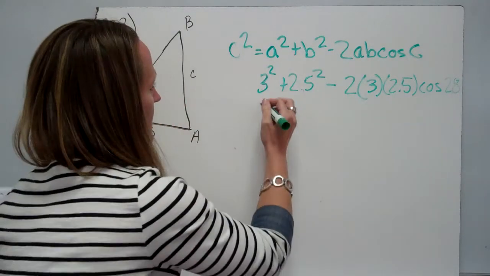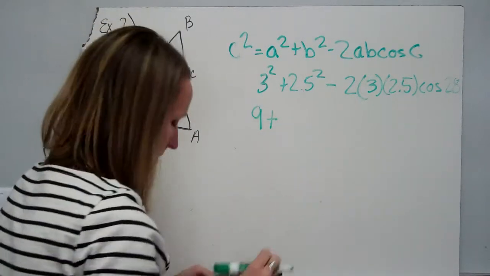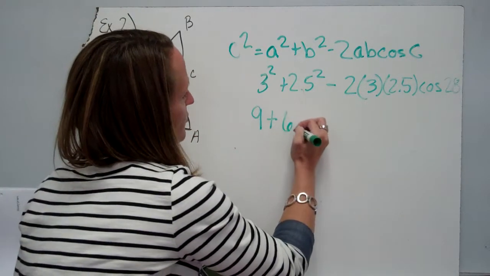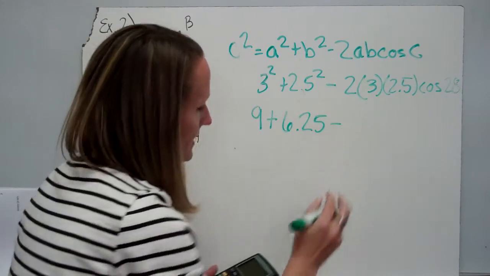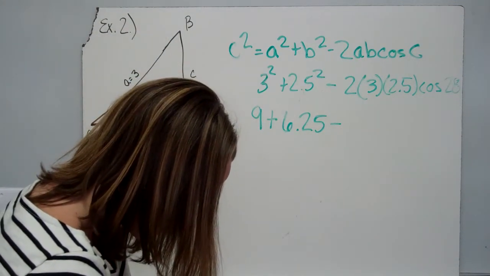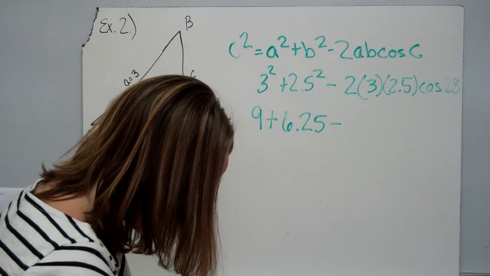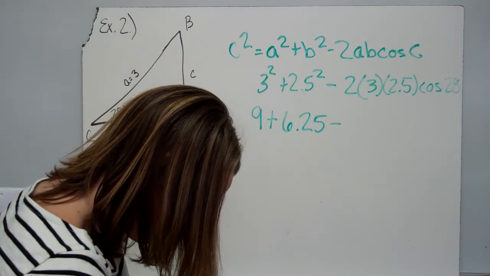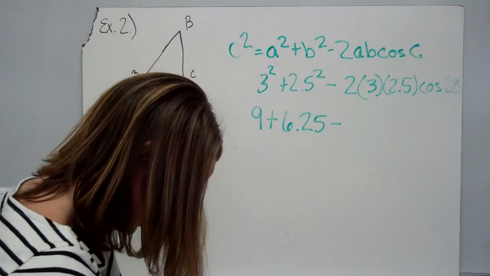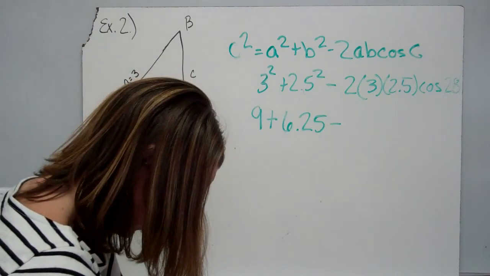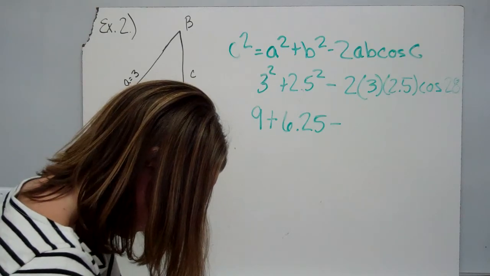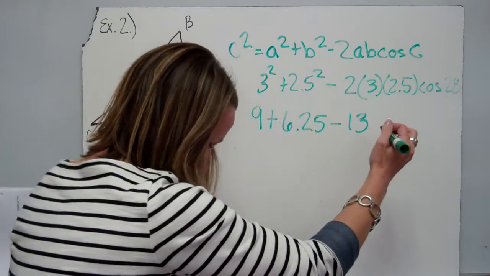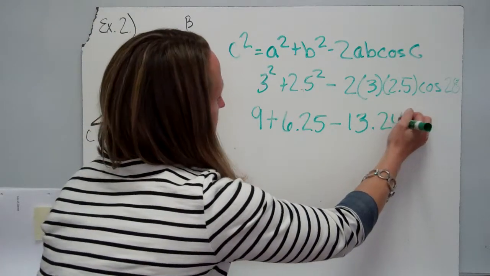Alright, so we end up with 9 plus 6.25 minus 15 times the cosine of 28, which is 13.24.